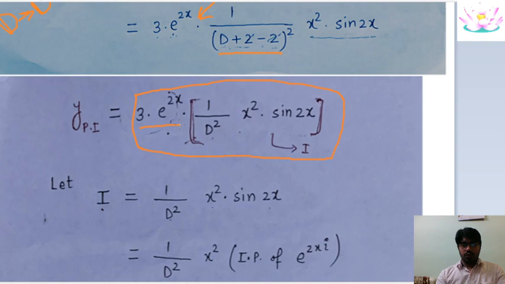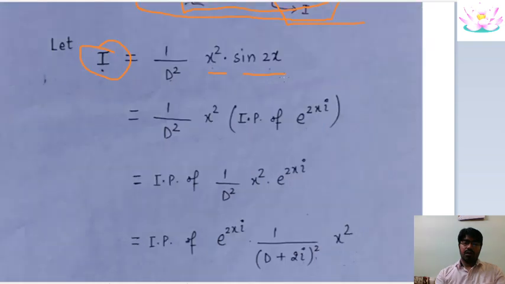Okay? When x is in product with some kind of sine or cos function, we consider either imaginary part or real part. In case of sine, we take the imaginary part, as you can see here. In the next step, the imaginary part of this term.